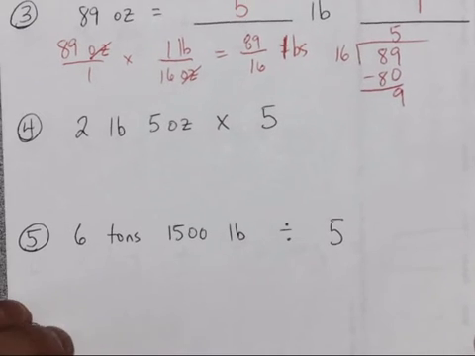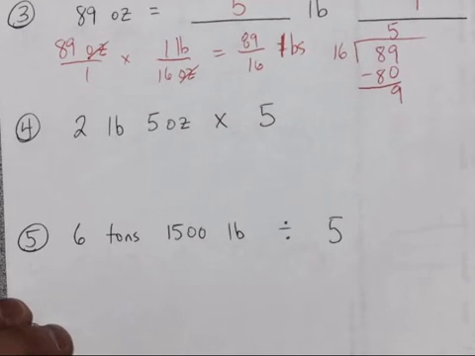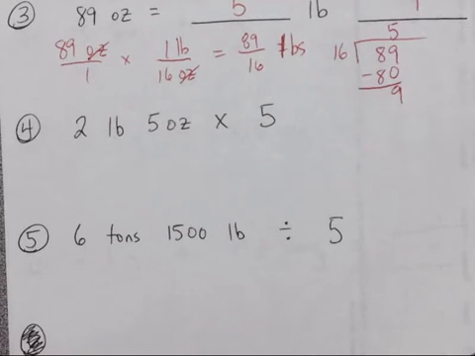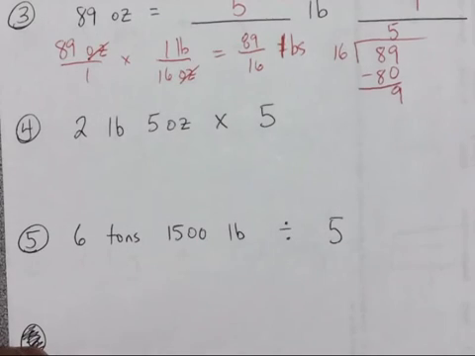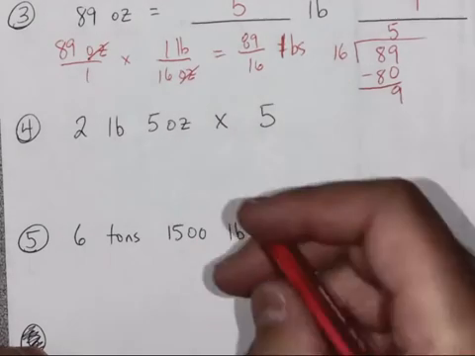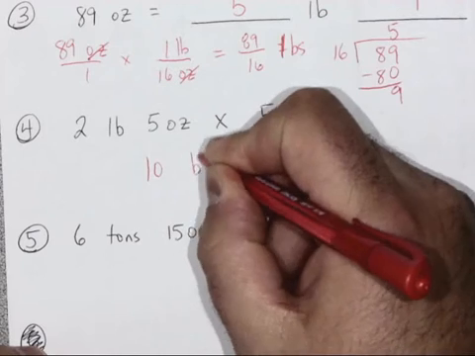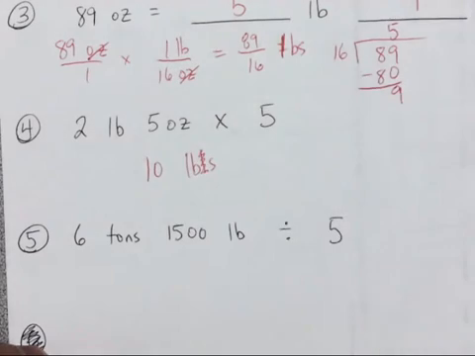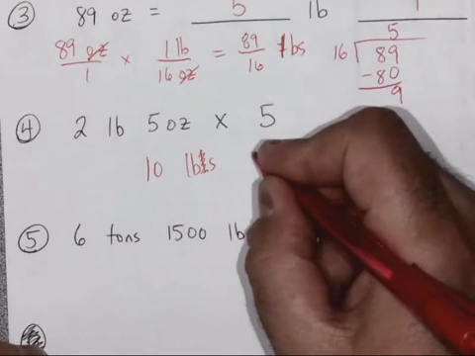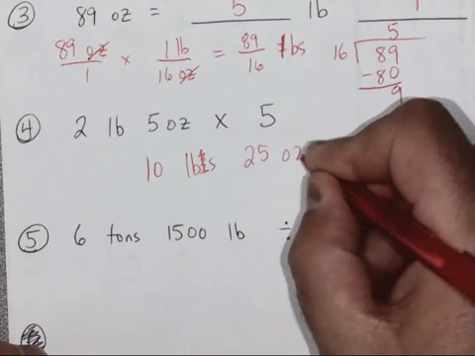All right, multiplying. If I have 2 pounds 5 ounces times 5, essentially that's 2 pounds 5 ounces plus 2 pounds 5 ounces, do that 5 times. So the easiest thing to do here is just multiply both of these by 5. 2 times 5 is going to be 10 pounds, and then 5 times 5 is going to be 25 ounces.